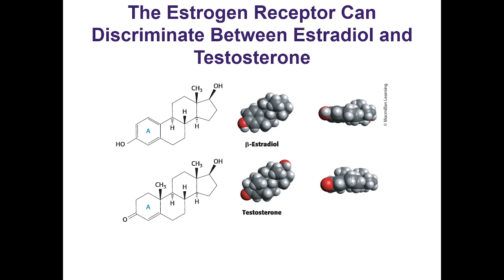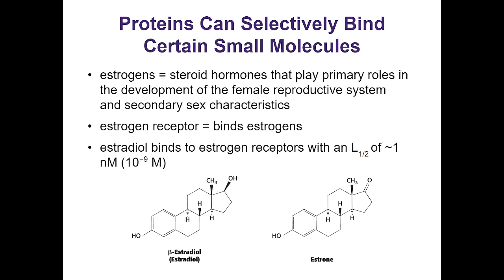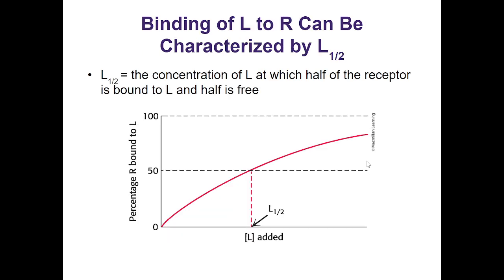So when it says it binds to estrogen at that molar concentration, that means 50% of your estrogen is bound. Exactly, you got it. Well, 50% of the receptor sites are bound.